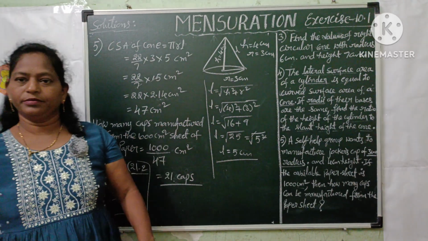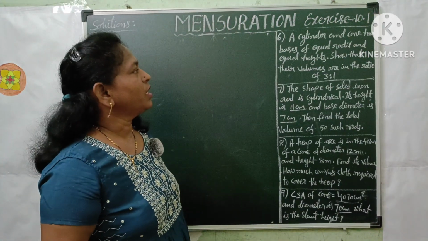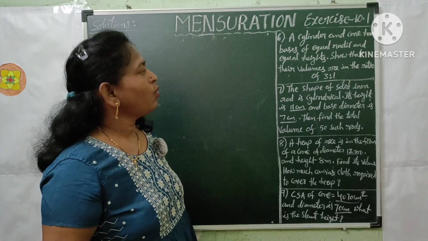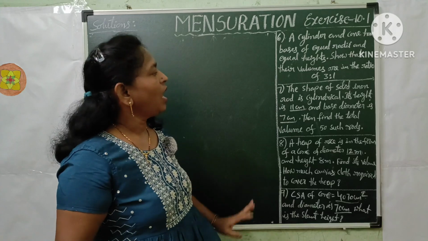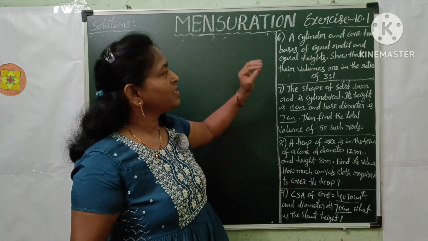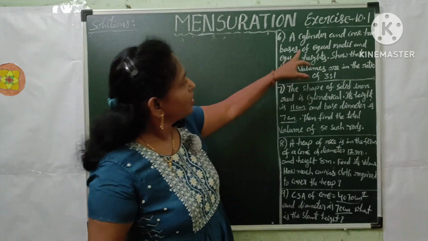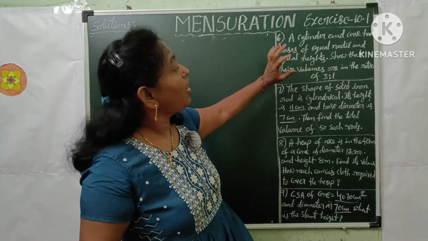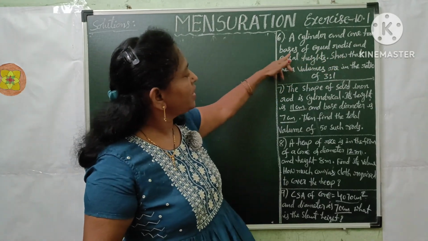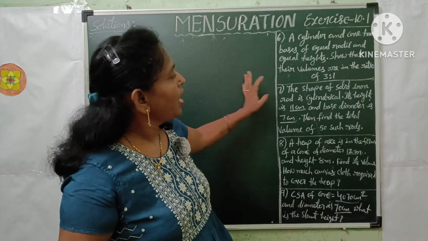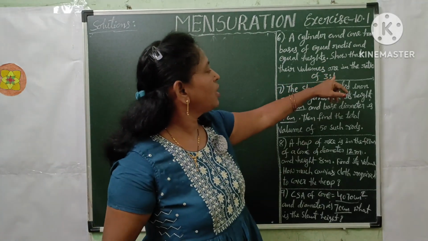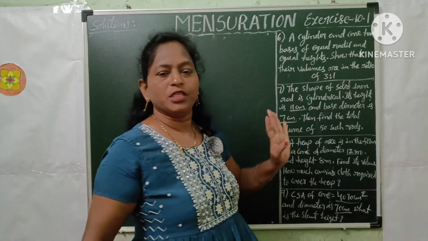Next, the sixth question. A cylinder and a cone have bases of equal radius and equal heights. Here the radius of the cylinder is equal to the radius of the cone. Show that their volumes are in the ratio 3:1.